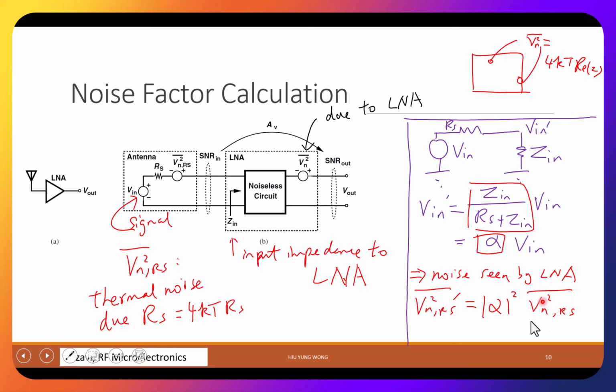So what I'm saying is that due to the potential divider effect, the LNA at this point only feels Vin dash, which is just alpha times Vin. So now if you have a noise source which is Vn square, then your LNA only feels alpha square times Vn square bar, which is this term. Is this okay? Any questions?